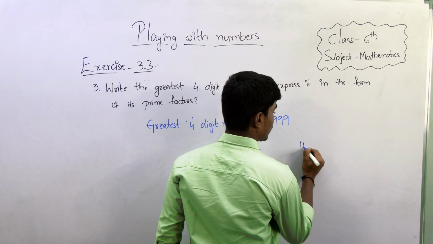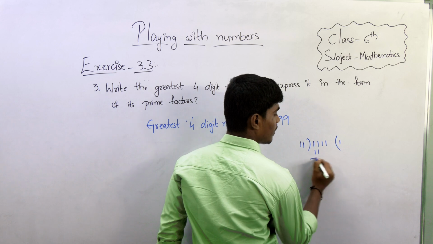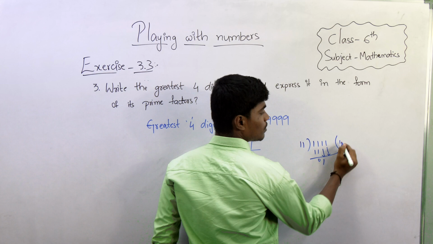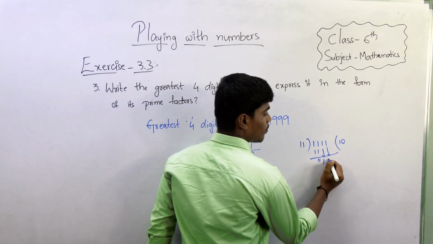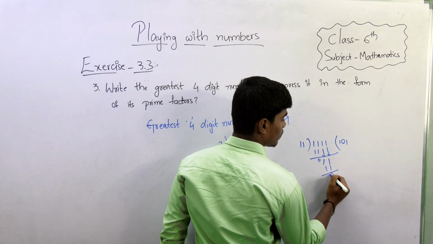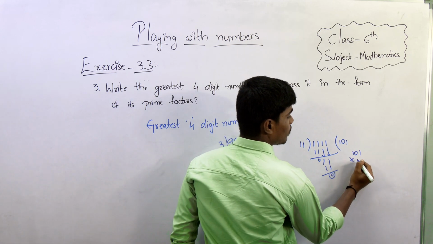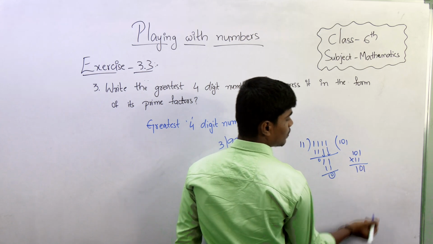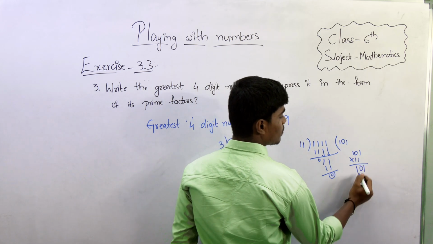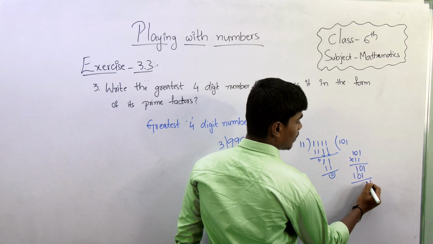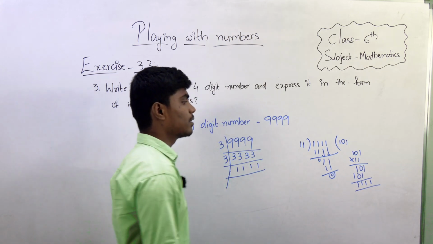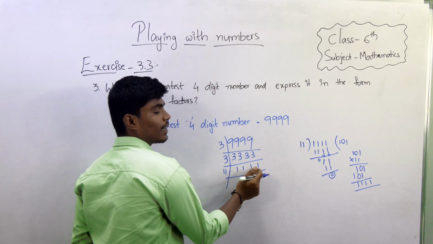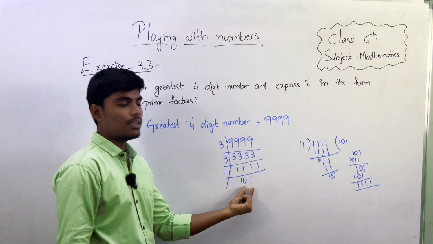Now let's check with 11. 11 ones are 11, and bringing down the next digits we add 0, giving 101. So 1111 is 11 into 101. 101 is a prime number.